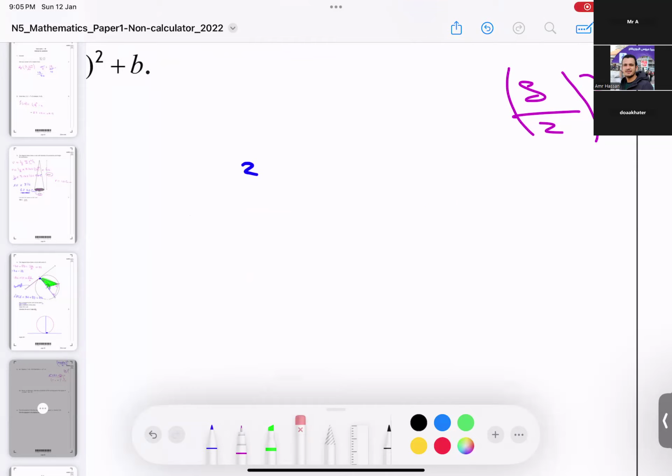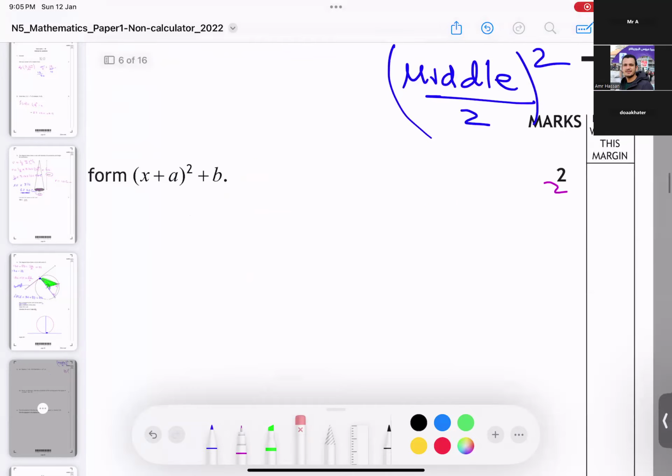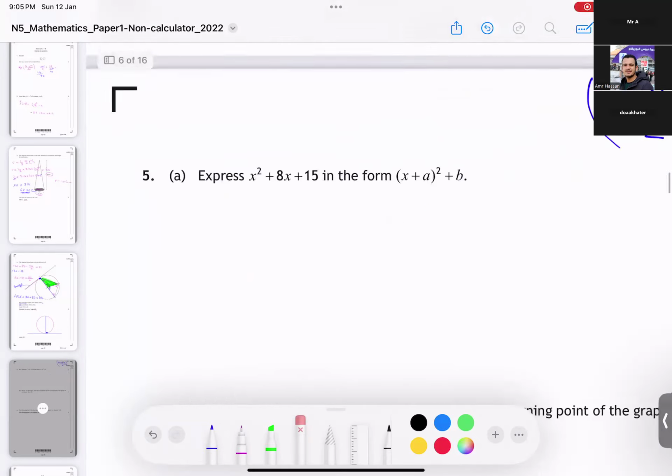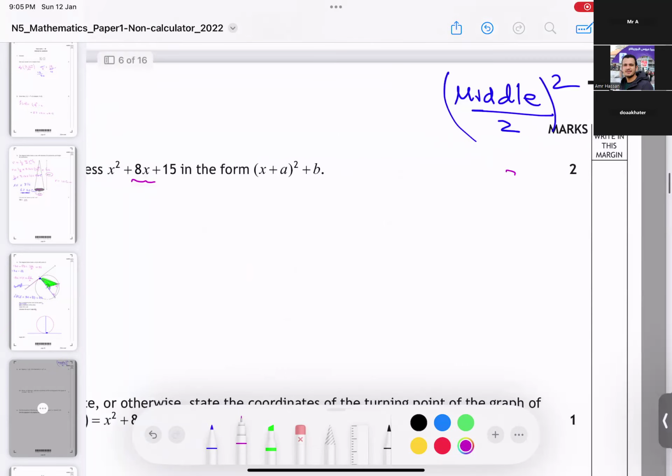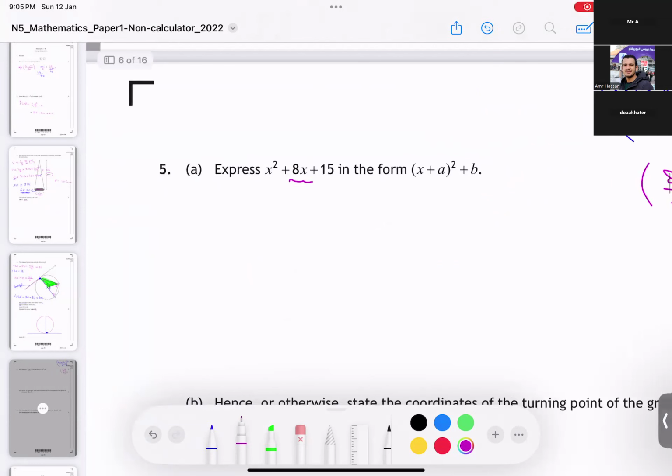Okay. Here we have the same thing. What is the middle? 8x. Let me divide it by 2. Let me get the half of it. So 8 divided by 2 is 4. 4 squared is 16.